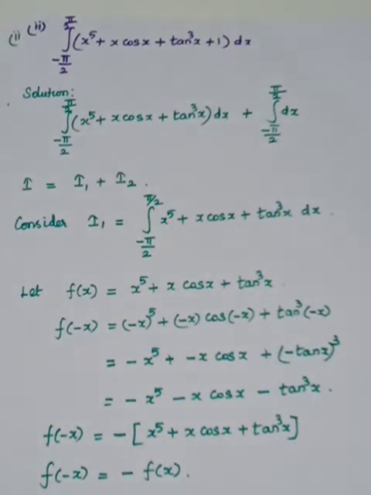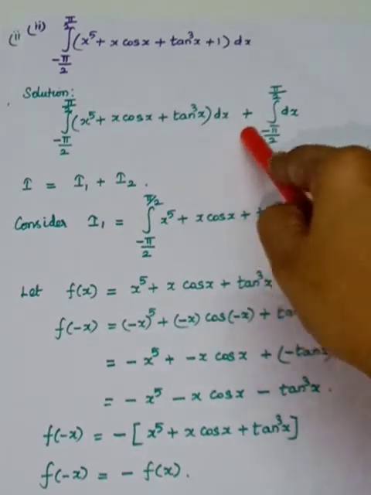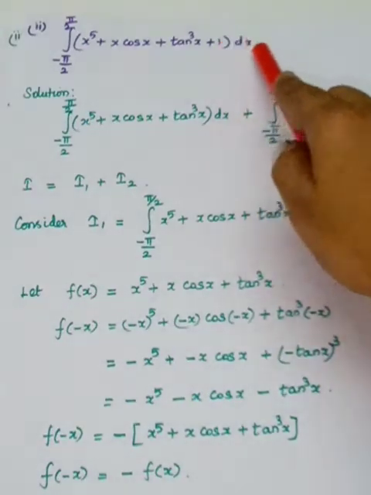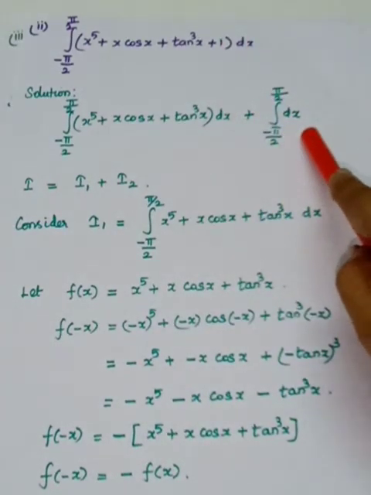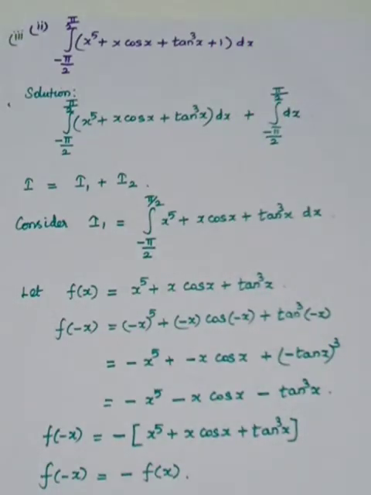Integral from minus pi by 2 to plus pi by 2 of (x power 5 plus x cos x plus tan cube x) dx plus integral from minus pi by 2 to plus pi by 2 of 1 dx. Because of that one, we will not check whether the function is even or odd, so that's why the 1 into dx is written separately.